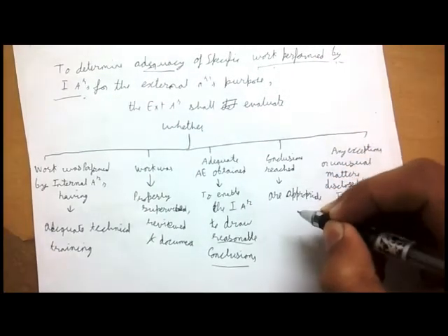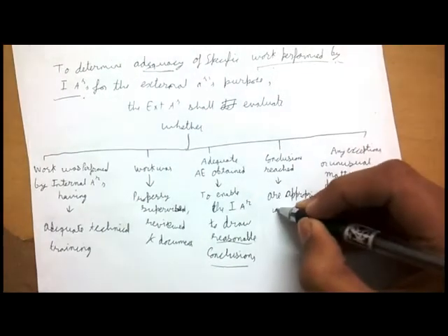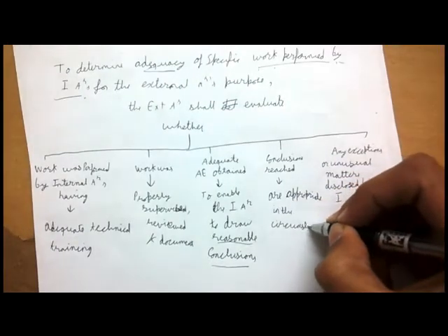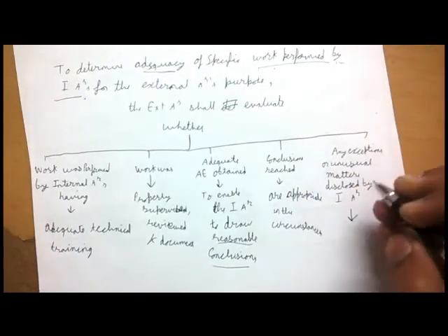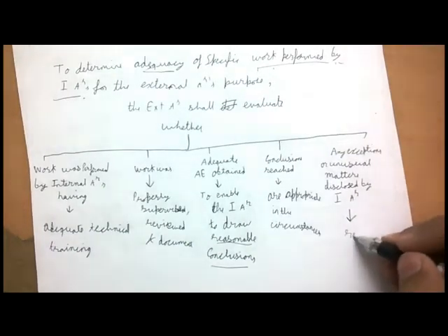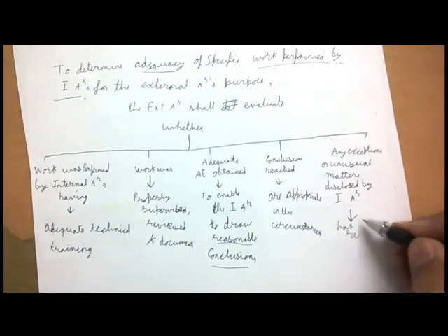These conclusions reached are appropriate in the circumstances which are prevailing. Then any exception or unusual matter disclosed by the internal auditor has been resolved.